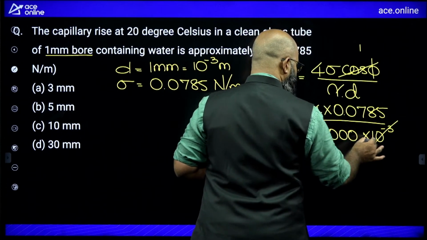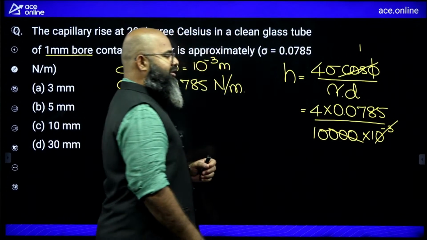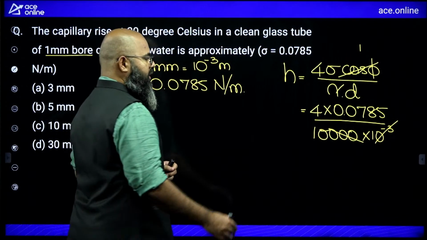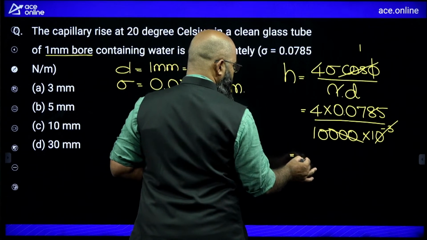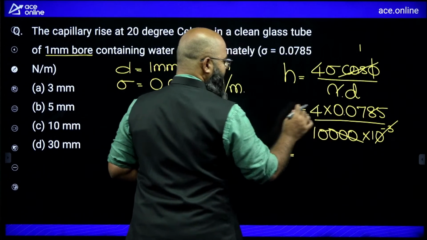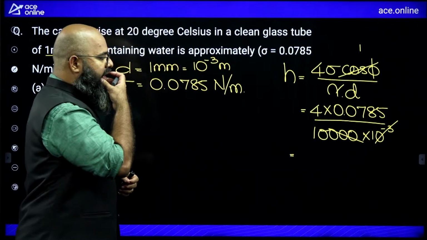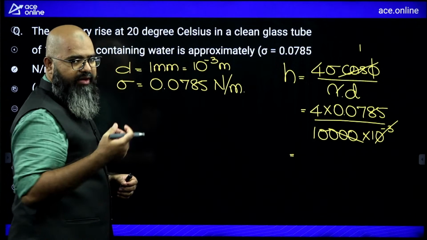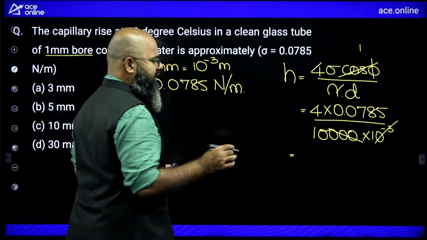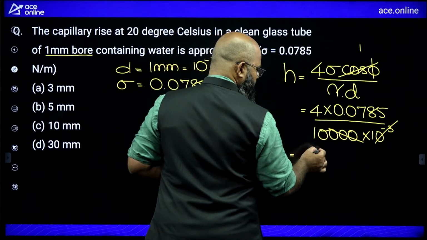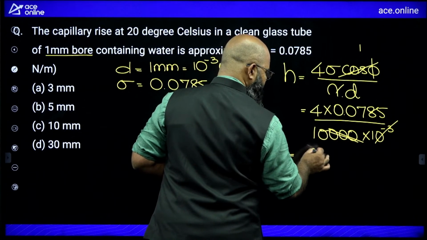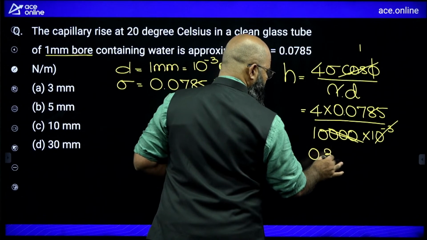So if you see this 10 power minus 3 and this 10 will get cancelled off over here. So this is going to become equal to how much? It is going to become equal to 4 into this much divided by 10. If you calculate 4 into 0.0785, it will be slightly more than 0.3.